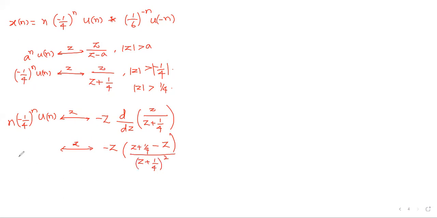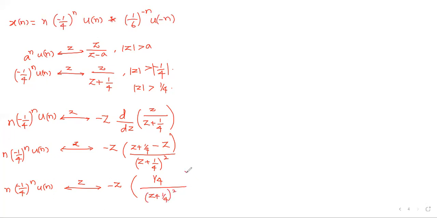So now this is n into minus 1 by 4 whole power n u of n. So n into minus 1 by 4 whole power n u of n, z transform will be minus z into 1 by 4 divided by z plus 1 by 4 whole square. This is the first term z transform.